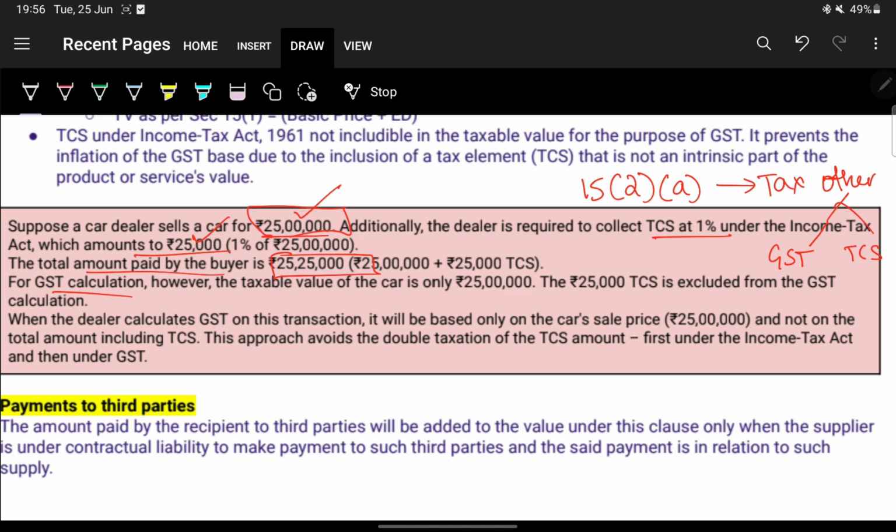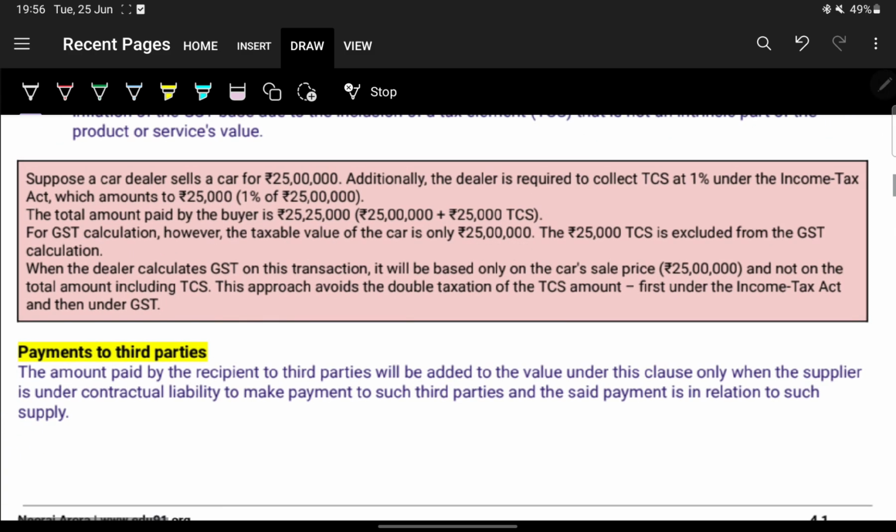Let's read it. However, the taxable value of the car is only 25 lakhs. The 25,000 worth of TCS is excluded from the GST calculation. That is pretty simple, right? Is that clear? This is a recorded video, there's no point in asking if it is clear, you just have to answer it to yourself. Okay. Next.